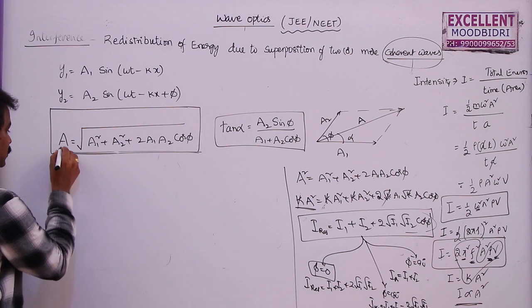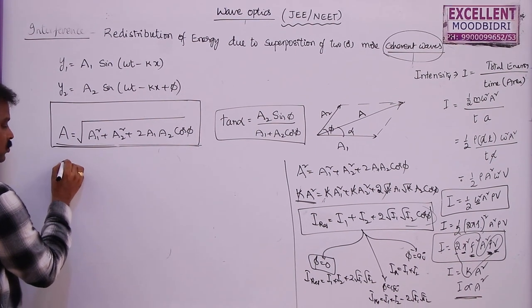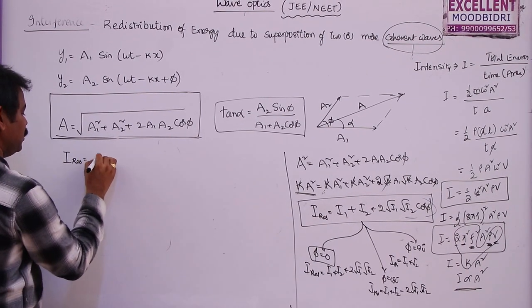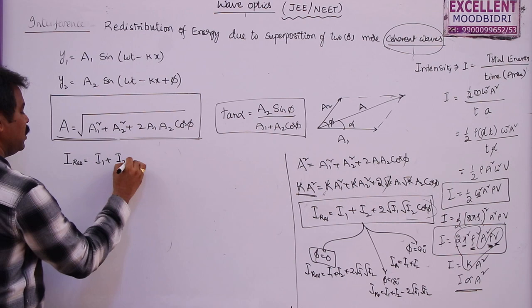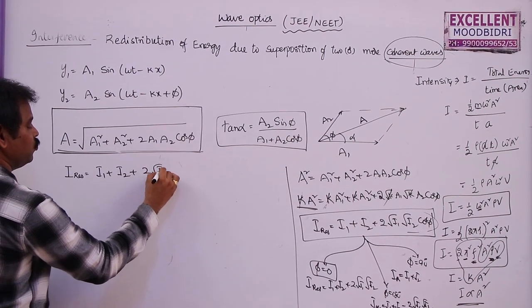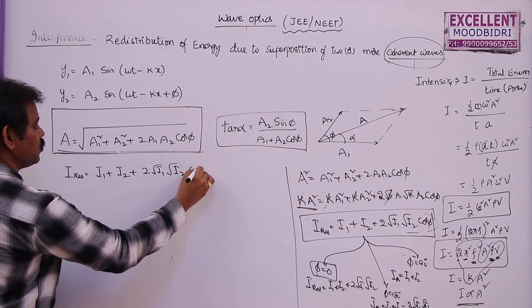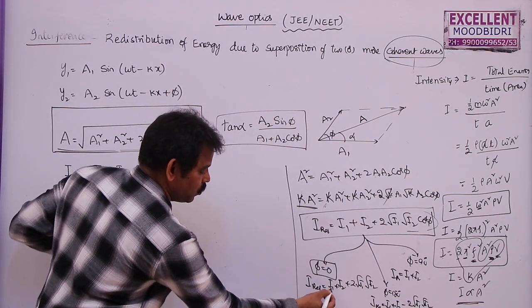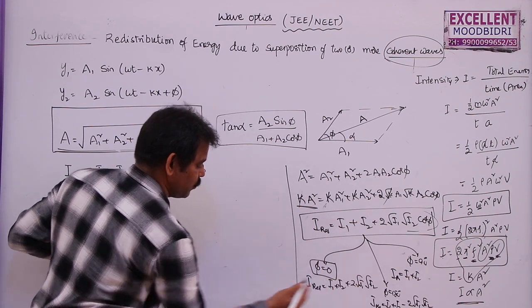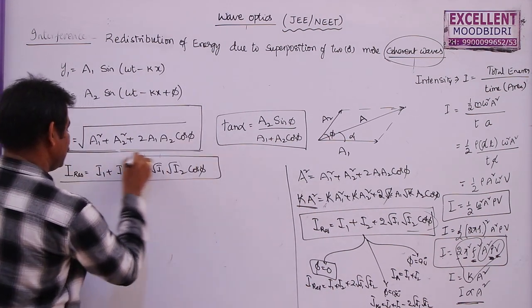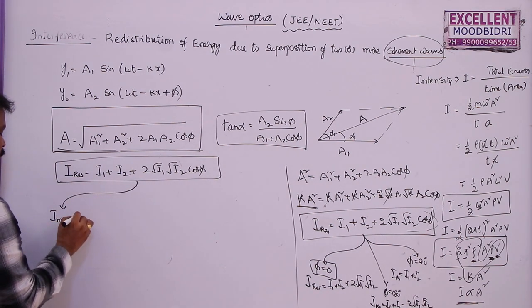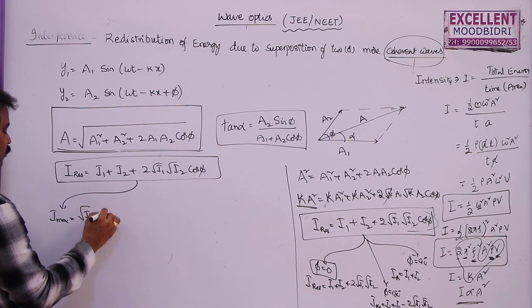So the amplitude square is equal to intensity, or the resultant intensity is given by I1 plus I2 plus 2 root I1 I2 cos phi. And from this we can write this as root I1 whole square plus root I2 whole square plus 2 root I1 root I2. So from this equation, what is the maximum intensity? I max is given by root I1 plus root I2 whole square.